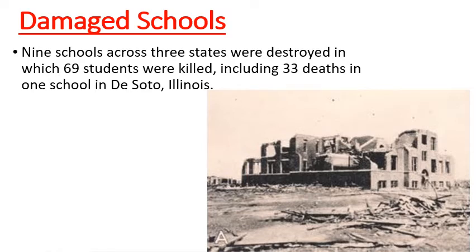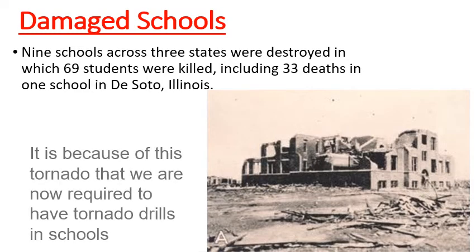Because of this tornado, there was a change in the law and the thought about schools. It is because of this tornado that we are now required to have tornado drills in schools, because the thought was, hey, we have all these kids together in this building. We need to teach them how to be safe in the event of a tornado.